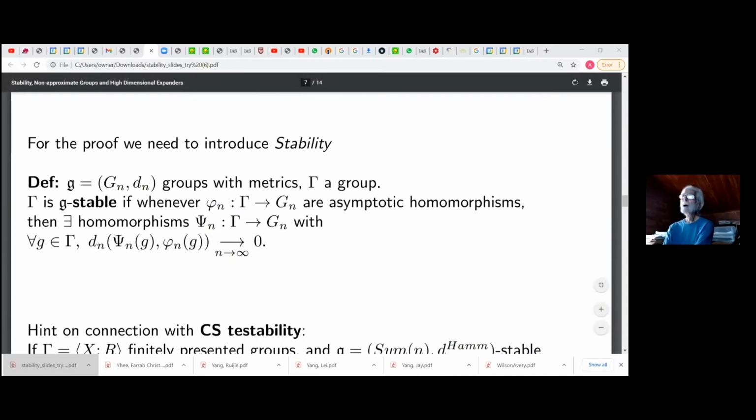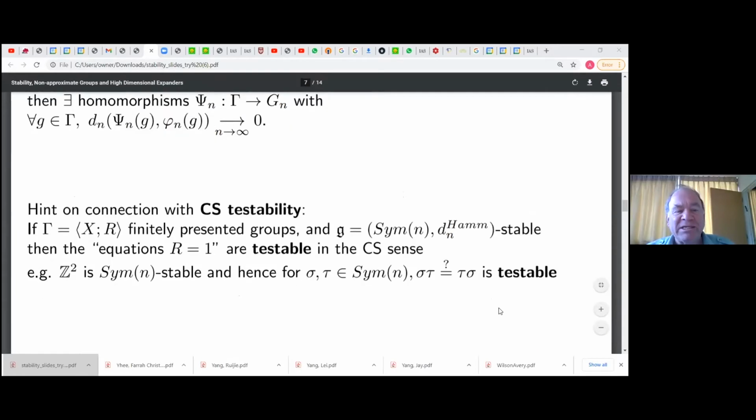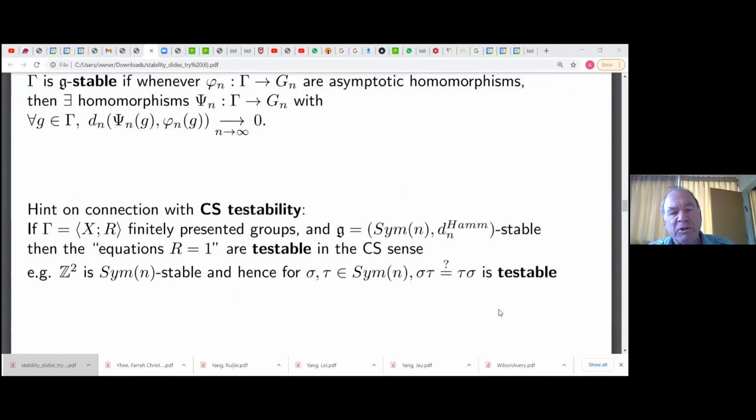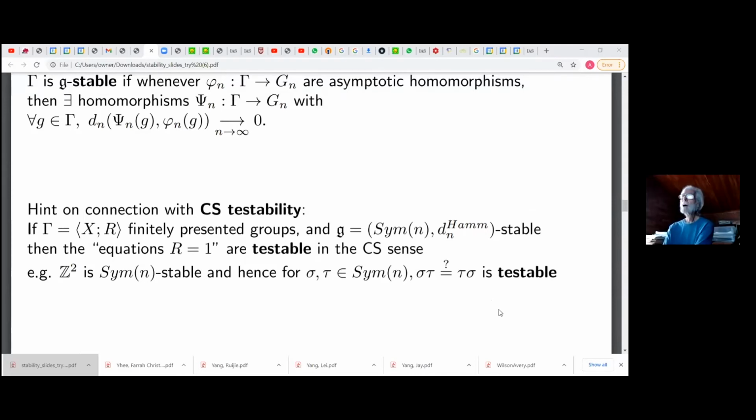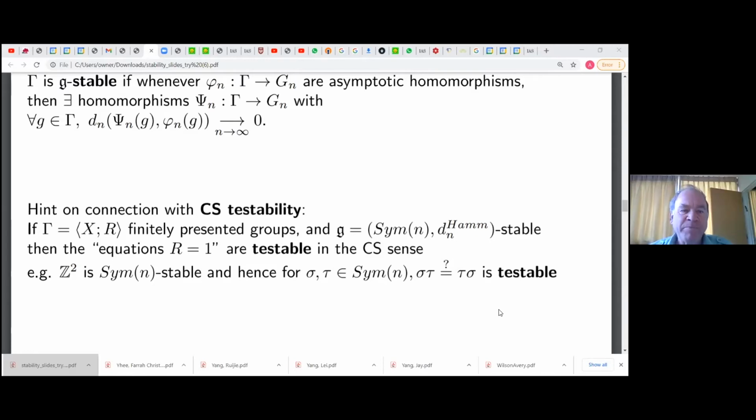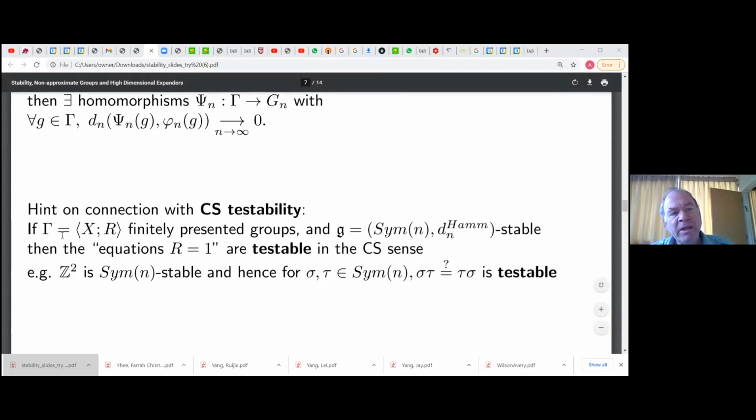There is a connection to computer science. Those who are familiar with the topic of property testing, which is a very hot subject in computer science, maybe the deepest one in current theoretical computer science, and even with down-to-earth applications, can think of it as testability of equations. Why?